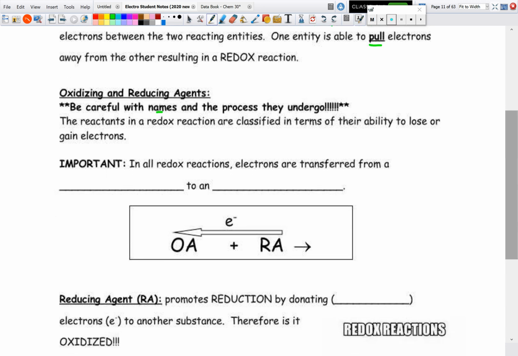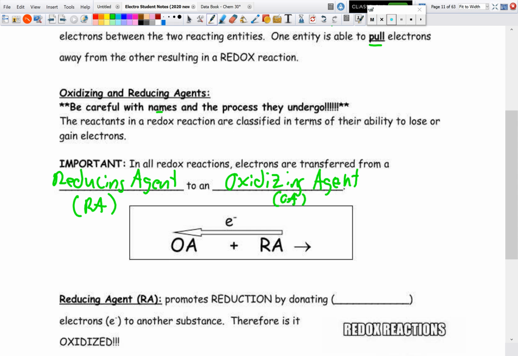Important: in all redox reactions, electrons are transferred from a reducing agent, which we're going to label RA for short, and so electrons leave the reducing agent and go to the oxidizing agent, which we're going to label OA, as this little graph says right here.